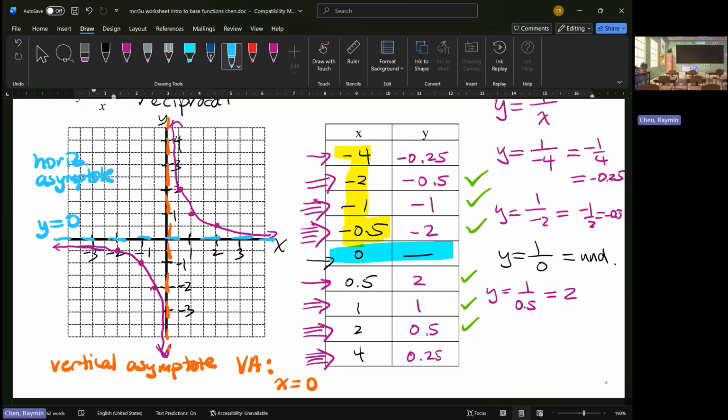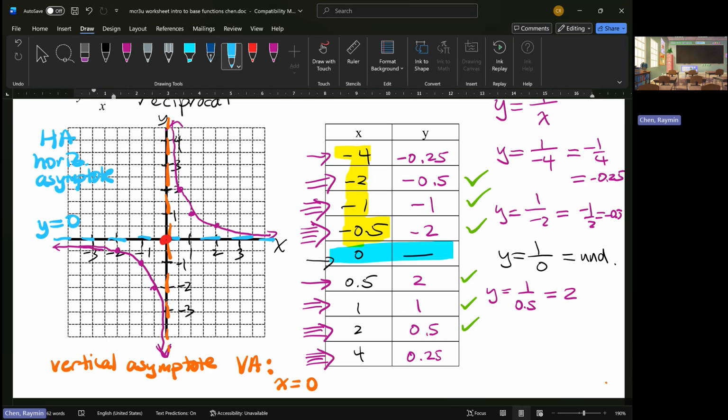What's interesting about the horizontal asymptote and the vertical asymptote, I think you understand they're intersecting somewhere. And although (0, 0) is not on the function, it is the intersection point of those asymptotes. Short form for horizontal asymptote is HA.